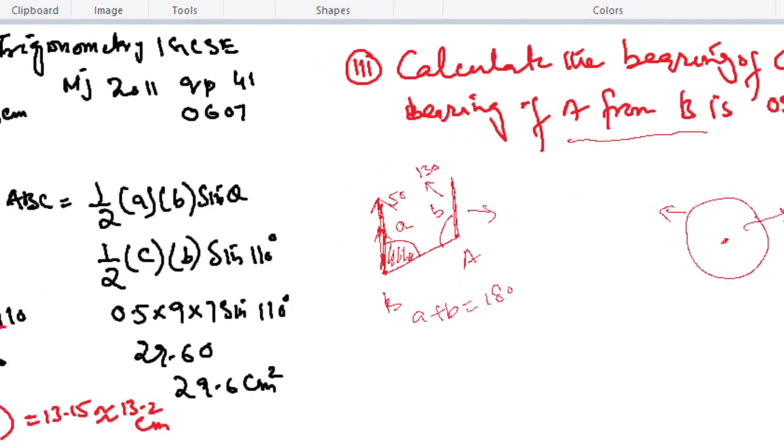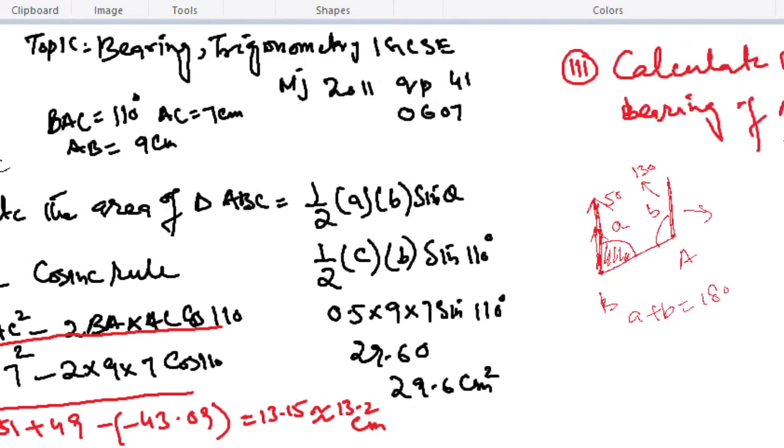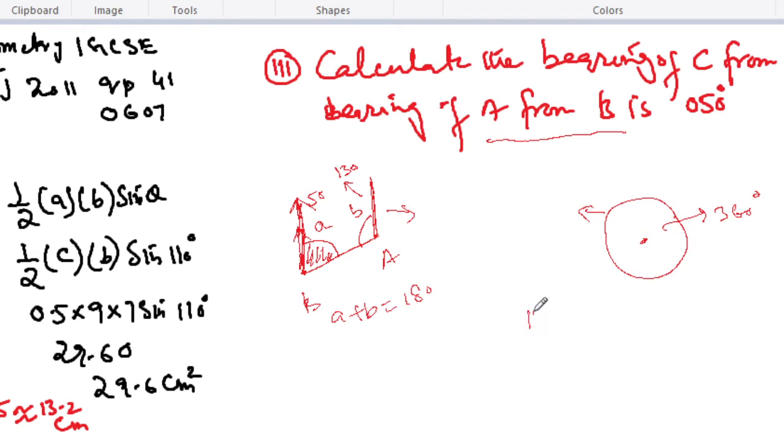Now I need this angle. This angle is 130 and this angle is 110. The sum of these three angles is 130 plus 110 plus, let's say this is x, and the sum is 360 degrees according to the property.